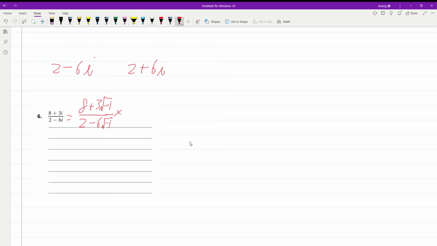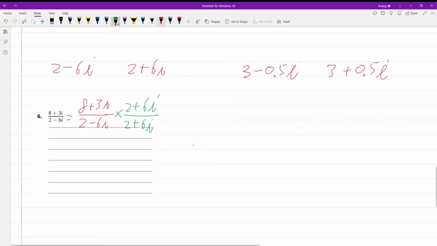Okay, so if you have the number 3 minus 0.5i, the conjugate is 3 plus 0.5i. Just as simple as that. So I have to multiply by the conjugate of the denominator over itself, so 2 plus 6i over 2 plus 6i. So for the denominator, big rainbow, small rainbow. 2 times 2 is 4. 2 times 6i is plus 12i.